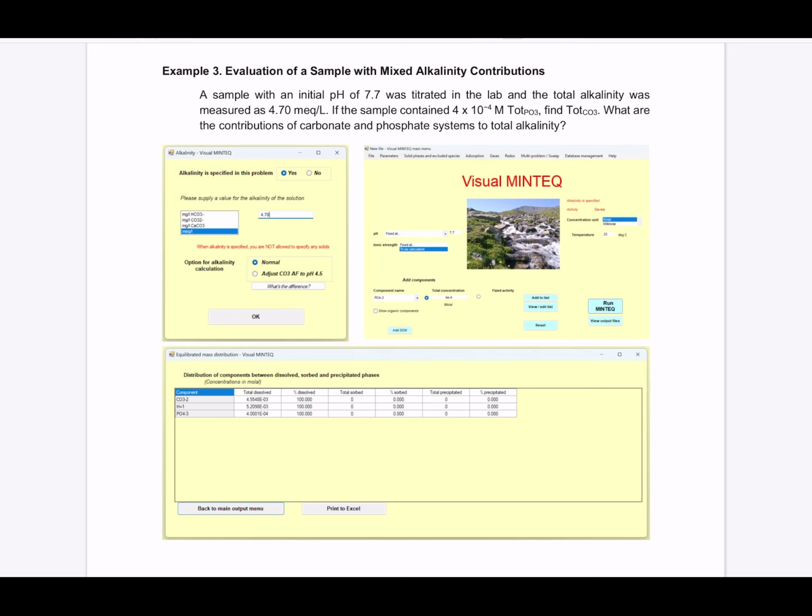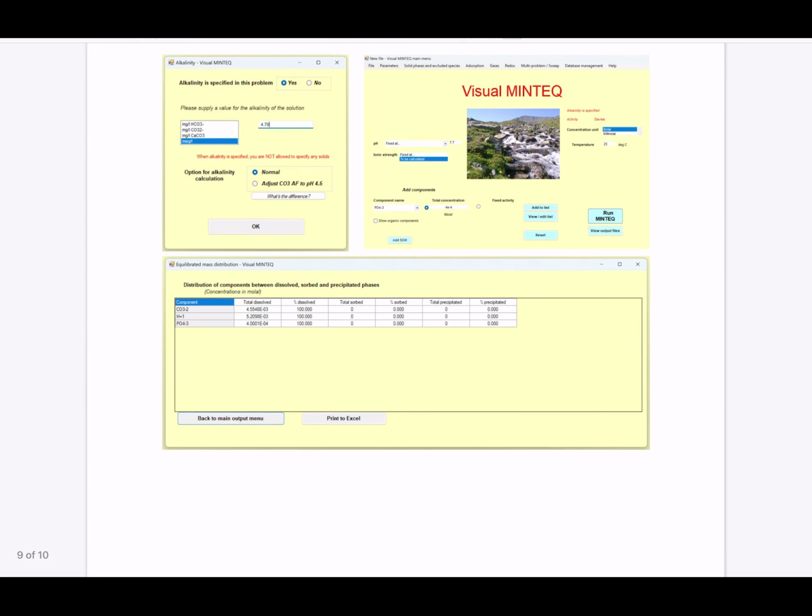When we run the system, we see that the total CO3 is roughly 4.55 × 10^-3 molar. And as you see, the total phosphate is what we initially added to the system.